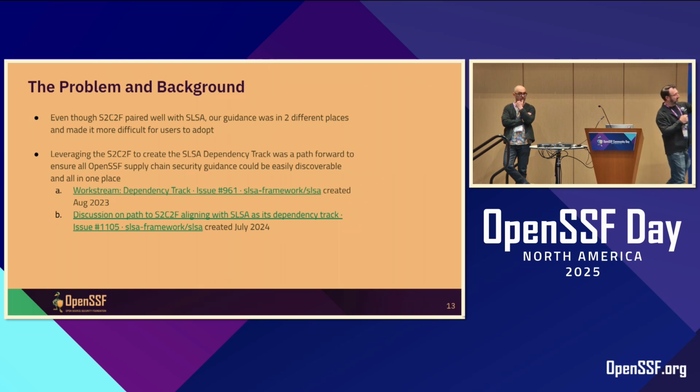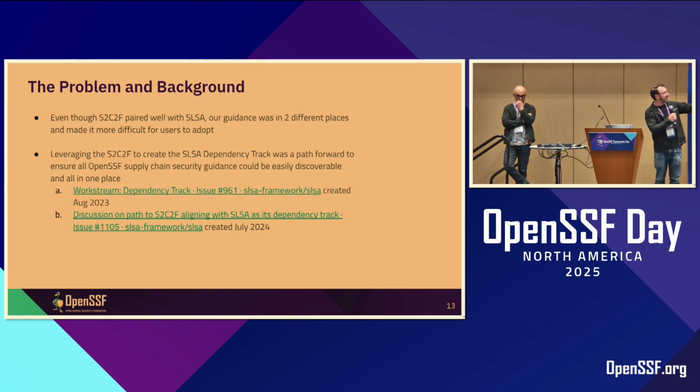looking at the trail of breadcrumbs, the work stream was originally created in SLSA way back in 2023, and that work stream was just trying to figure out how to scope the problem. What are the bounds that the dependency track is going to cover in terms of guidance for developers?